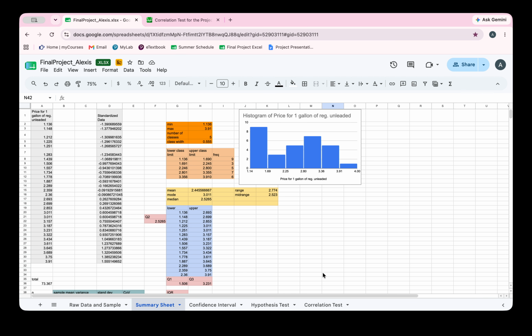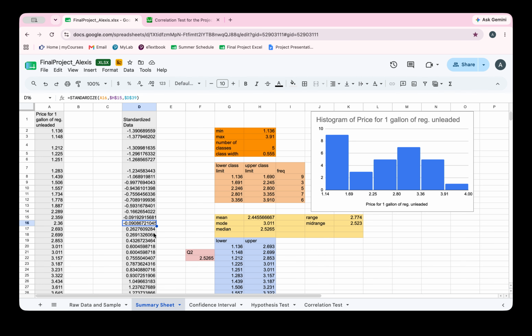And we did a standardized data column here. You can see taking the data from column A, which gives us our z-scores. And the measurement closest to the mean, you can see would be the 2.36 because the z-score, here I'll zoom in, is negative 0.091.